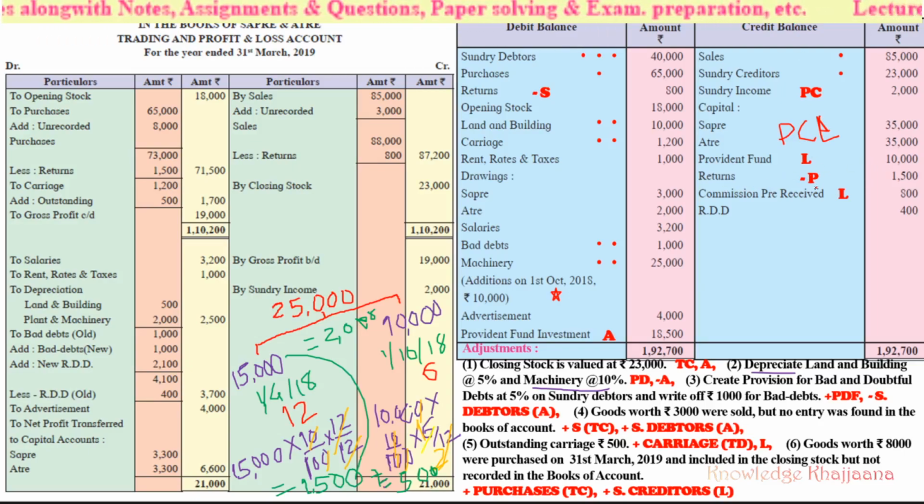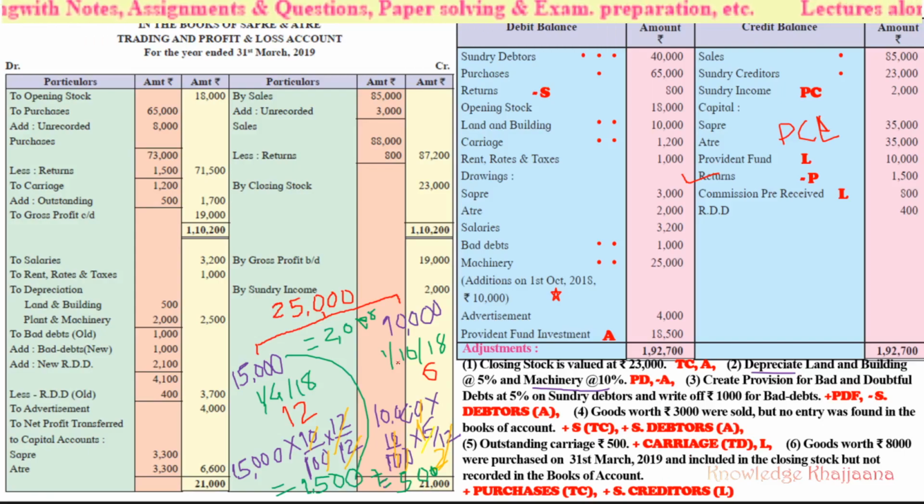Returns on the credit side are the purchase return, so we will deduct this value rupees 1500 from the purchases. Commission pre-received is a liability, and reserve for doubtful debts, old RDD rupees 400, will be deducted from the bad debts as per the formula.